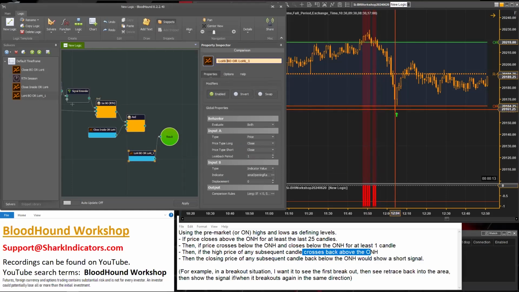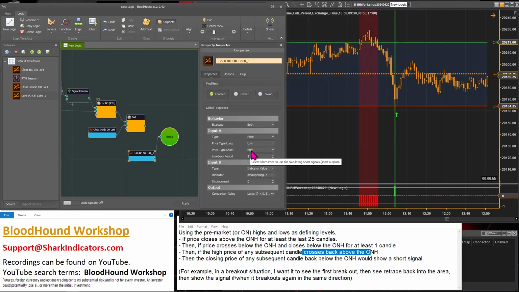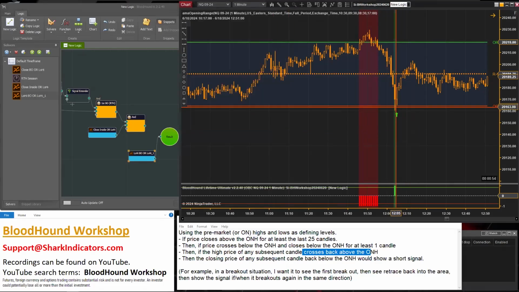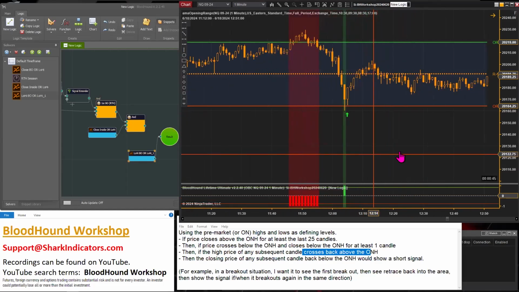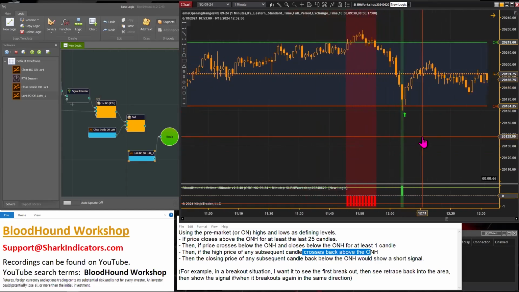When the low goes below the opening range low, that's going to generate a long output. So let's switch this to the low, and then for a short, it's going to be the opposite price, so the high. And there we have it. So there is our little wick breakout there, just before the signal. So that's it.